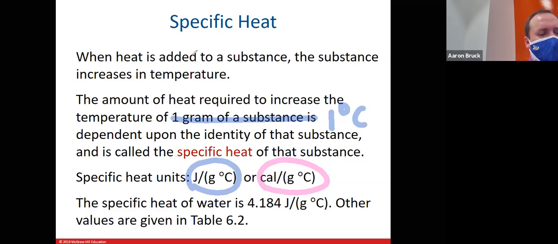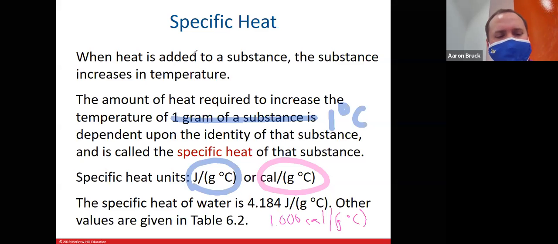The specific heat for water is 4.184 joules per gram degree Celsius. Using the calories to joules conversion, that would mean that the specific heat in the imperial system would be 1.000 calories per gram degree Celsius, because there are 4.184 joules in every calorie.